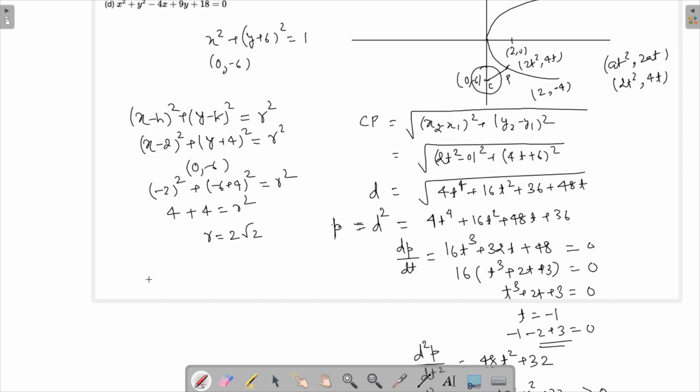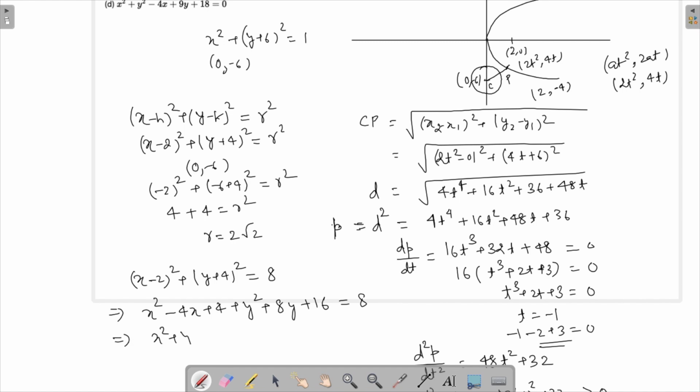Then the equation will become x minus 2 whole squared plus y plus 4 whole squared equals 8. Then we will just open it up and see: x square minus 4x plus 4 plus y square plus 8y plus 16 equals 8. Then we will have x square plus y square minus 4x plus 8y plus 12 equals 0.